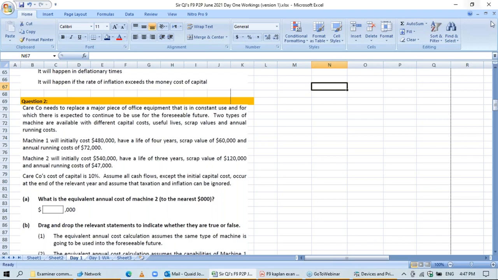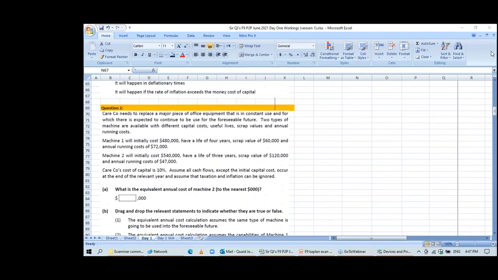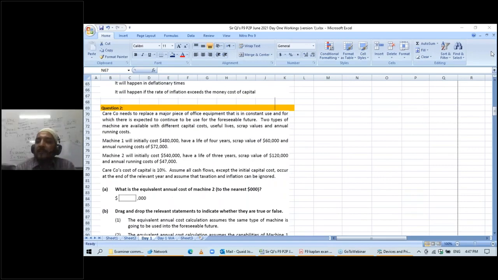Suppose he's not able to complete the exam and he leaves 20 marks behind. He's only able to attempt 80 marks, and out of that he gets a few questions wrong. So he won't be getting 80 marks, he'll be getting even less.